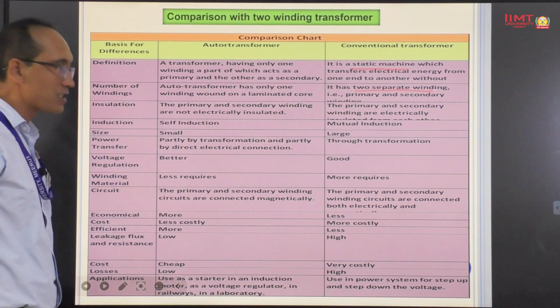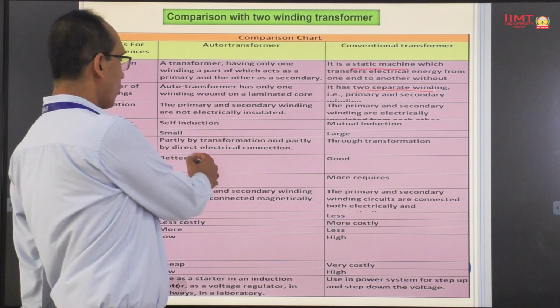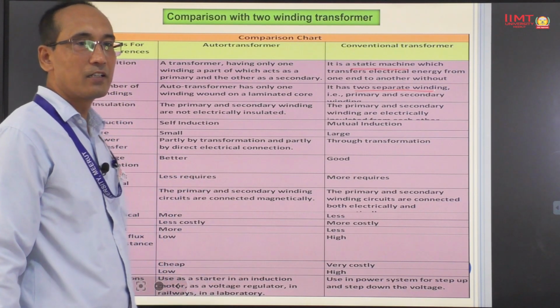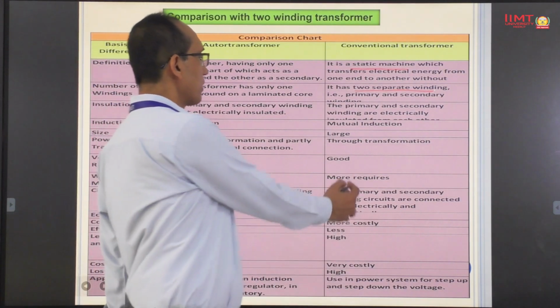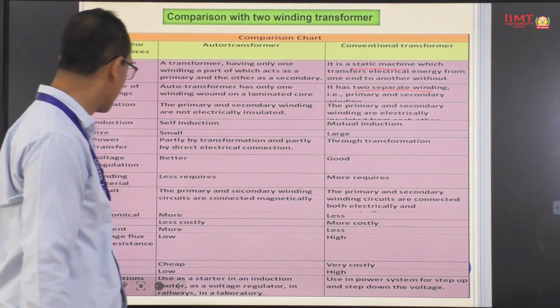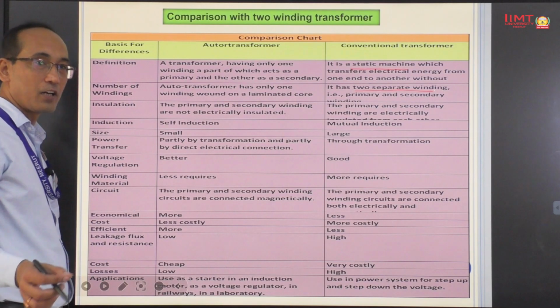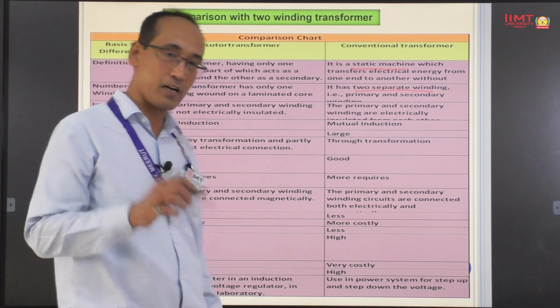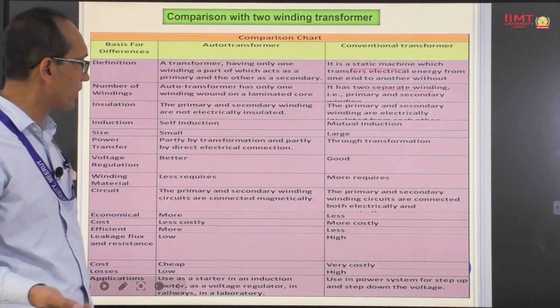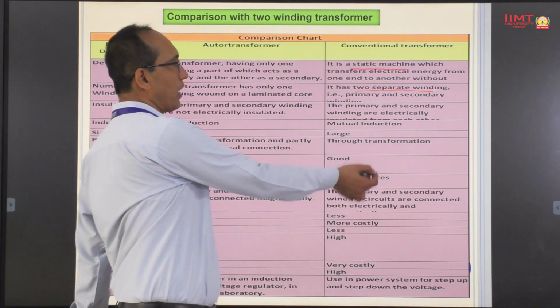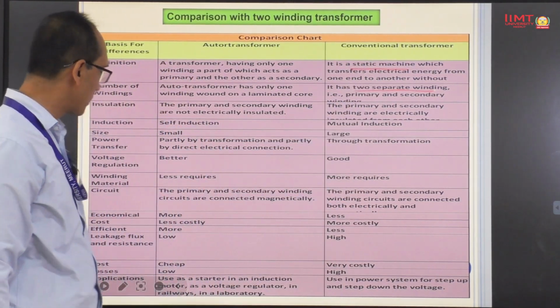Voltage regulation is better in case of auto transformer and good enough in two winding transformer. Less winding material is required because less copper is required, as we have earlier discussed, and due to saving of copper material, more is required in case of conventional type transformer.